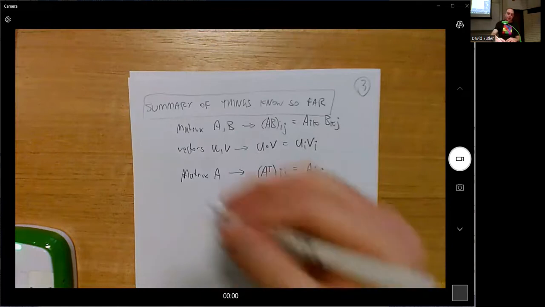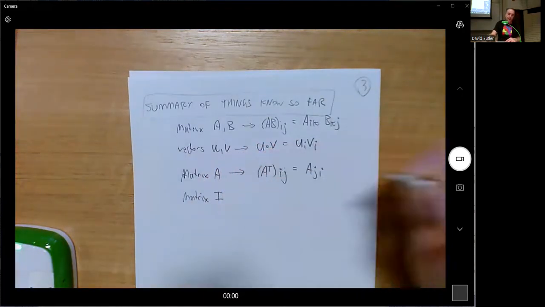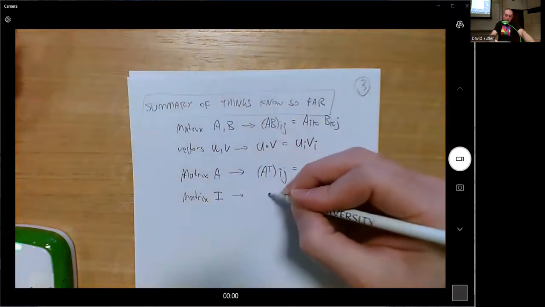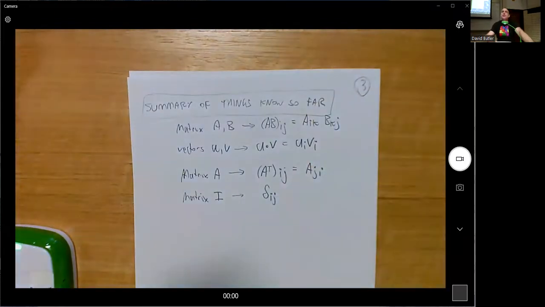Okay, now this is a bit where I'm a bit hazy off the top of my head. I'd have to look up some notes probably. Here it is. The matrix, which is the identity matrix, has these entries.